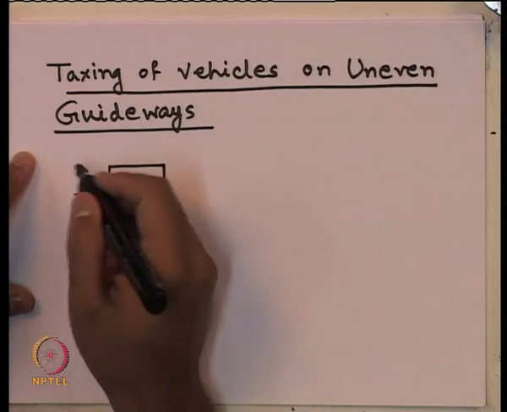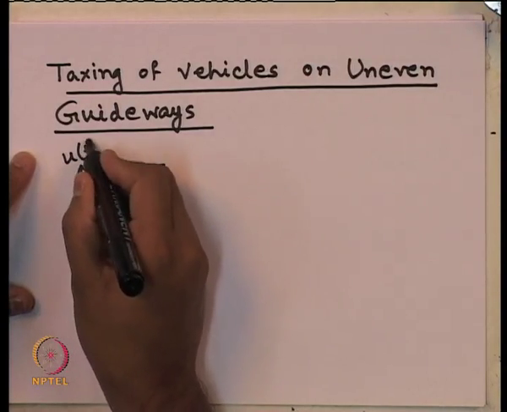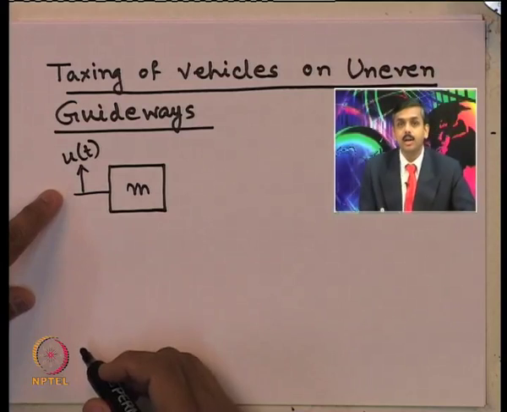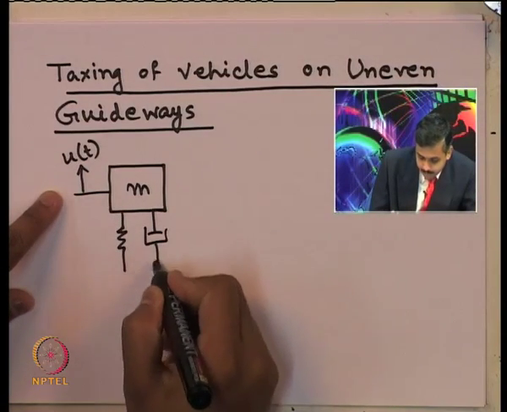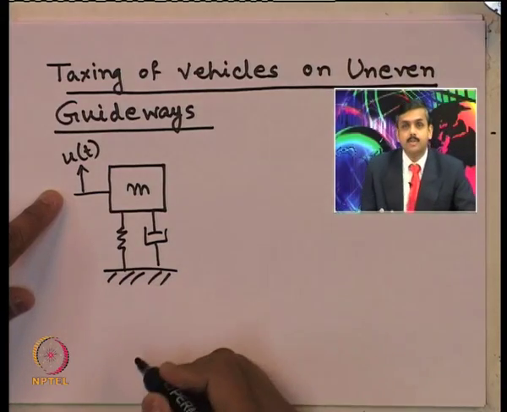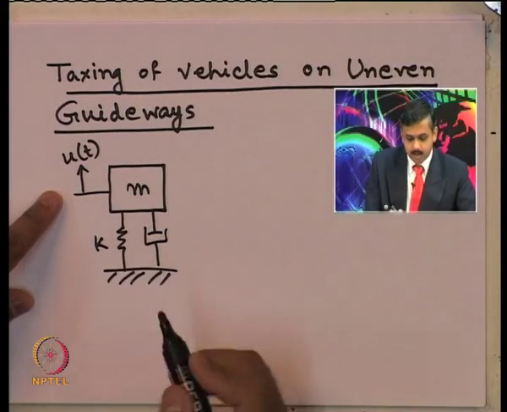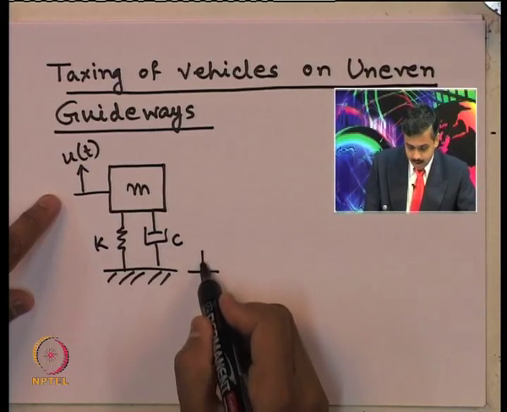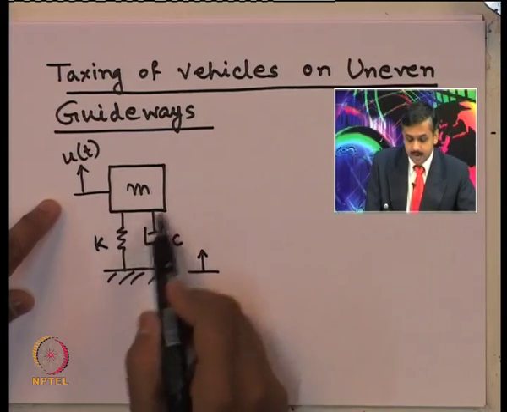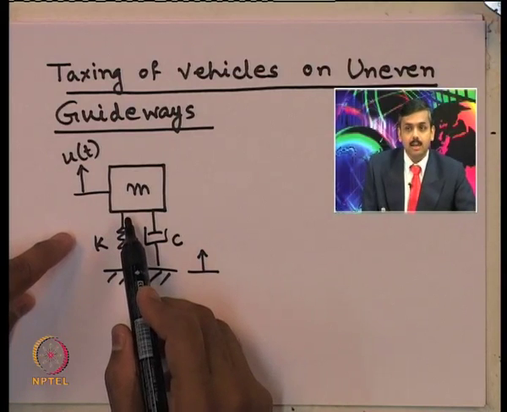I have a displacement function u of t. The system is like this, with stiffness and damper. This is nothing but the vehicle.